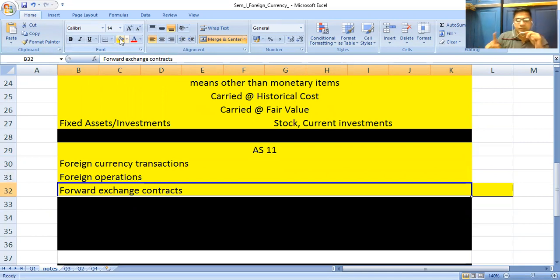Accounting Standard 11 discusses foreign currency transactions, foreign operations, and forward exchange contracts.